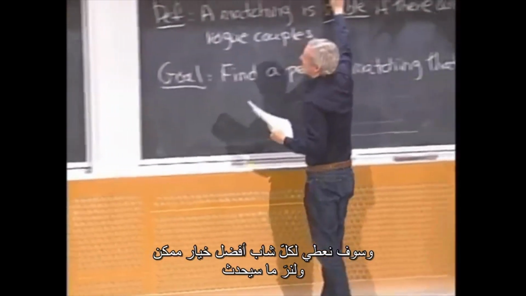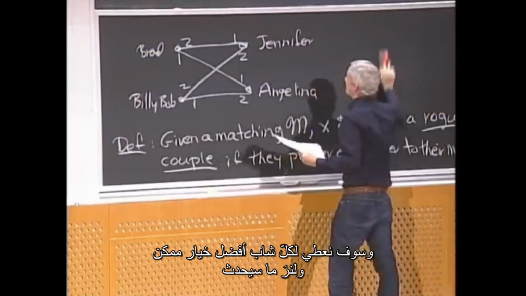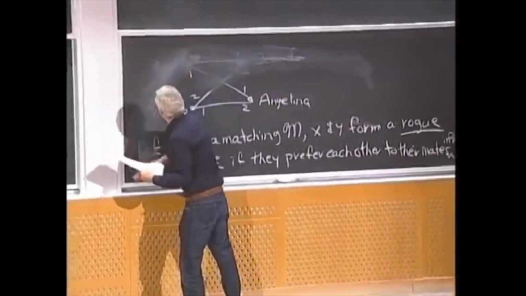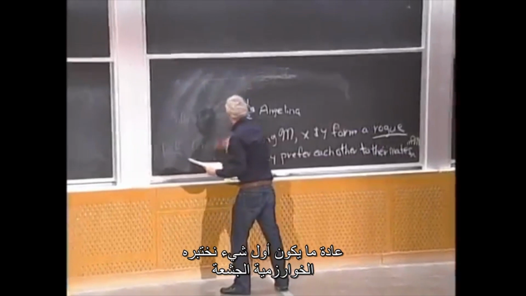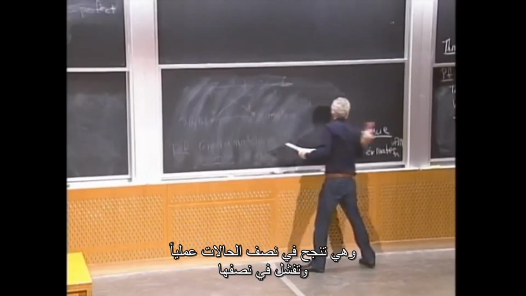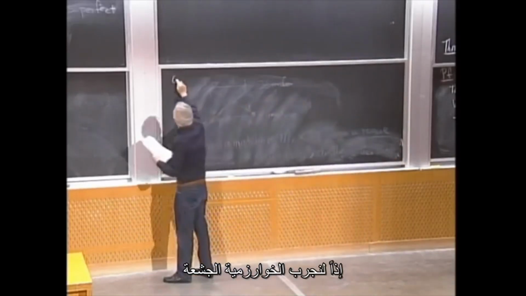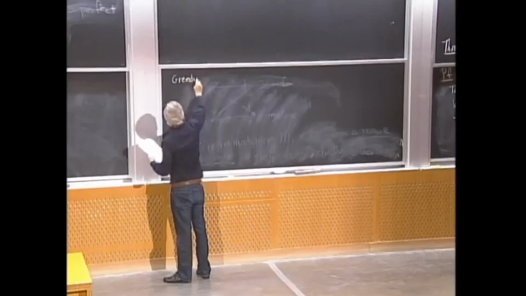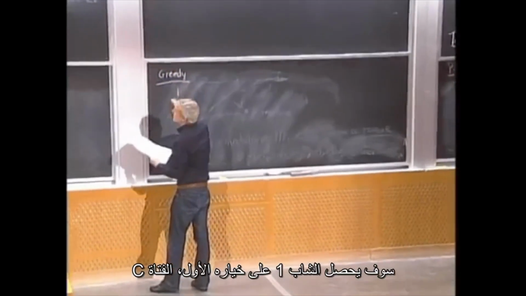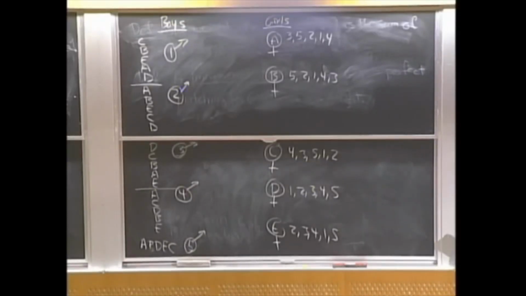So let's choose the first boy, and we'll just go down and give each boy the best choice available and see what happens. First thing to try usually is the greedy algorithm, and about half the time it'll work in life, and half the time it won't. So let's try greedy. Boy 1 is going to get his first choice, girl C. Who does boy 2 get?